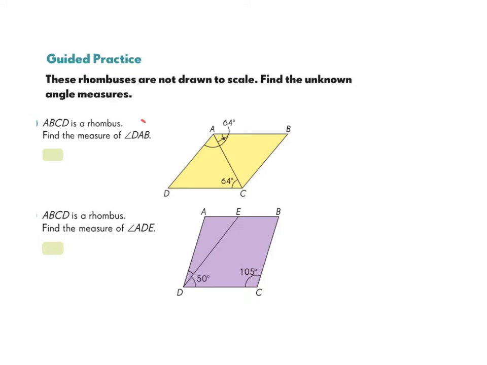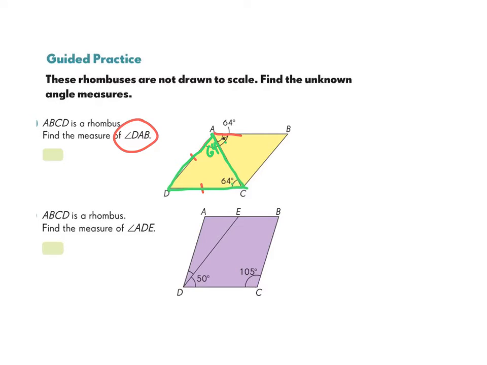This wants us to figure out angle DAB, which is this. So this is interesting because we have to use things that we've learned before. If this is a rhombus, that means that this side is equal to this side, which means that, let's switch this to green or something, this is an isosceles triangle, which also means that if this is 64 degrees, so is this.